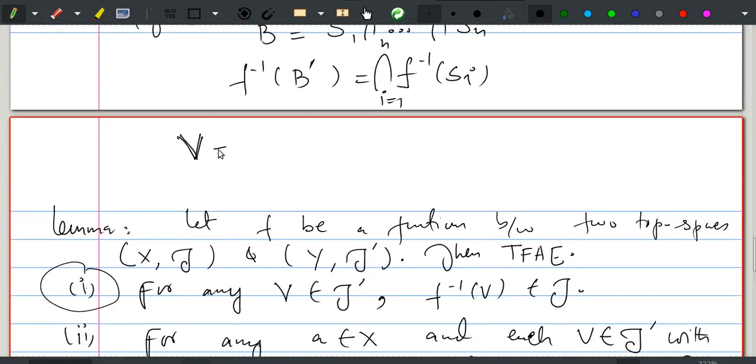Now there is this property that a set A is open if and only if its interior is equal to A. So we call A to be an open set if A is same as its interior. In other words, an open set is neighborhood of each of its points.